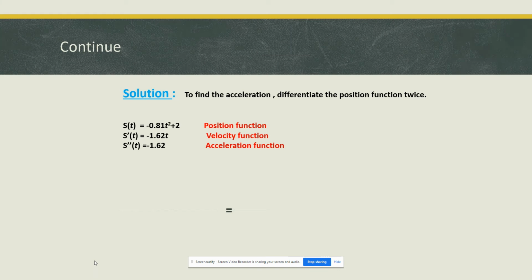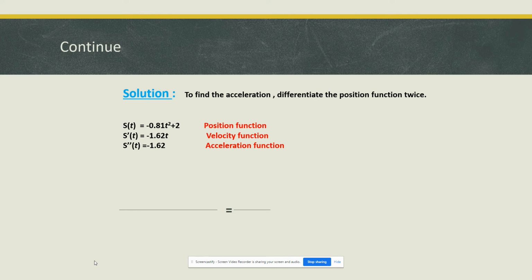How we get this answer is that the power on t is 1. As I said before, if there is no power, that means it is 1, and so we multiply 1 by -1.62 and we get -1.62, and then we subtract 1 from the power, so 1 minus 1 is 0, and t is cancelled.